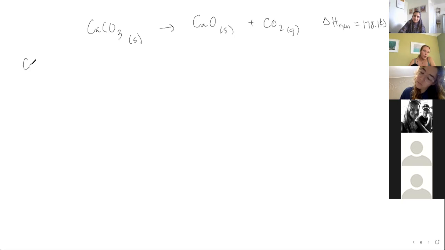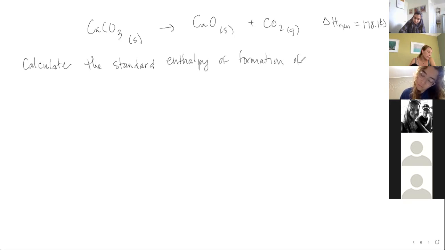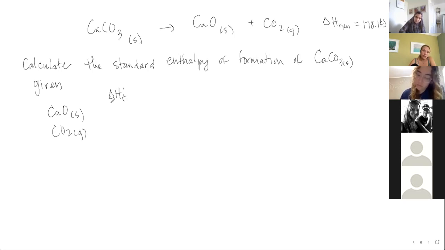And we want to calculate the standard enthalpy of formation of calcium carbonate solid, given that CaO solid, calcium oxide, and carbon dioxide have a standard enthalpy of formation value.